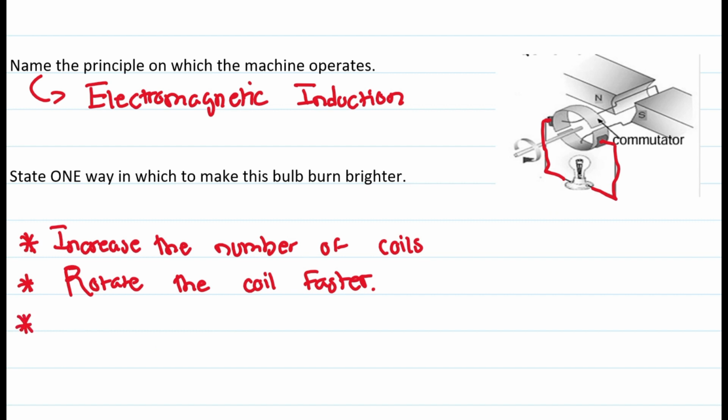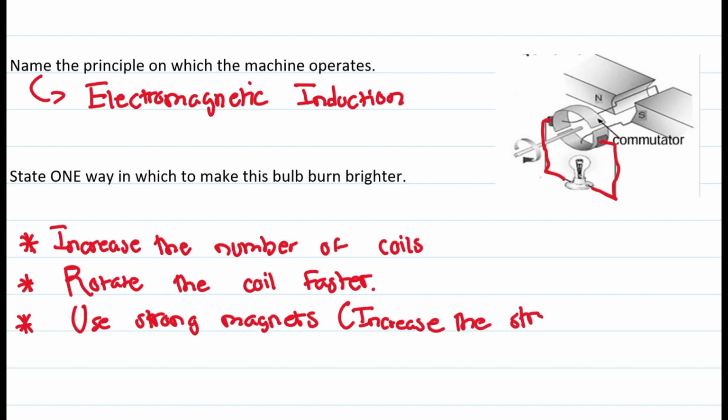So another way to make that bulb burn brighter is to use a strong magnet, or you can say increase the strength of the magnetic field.